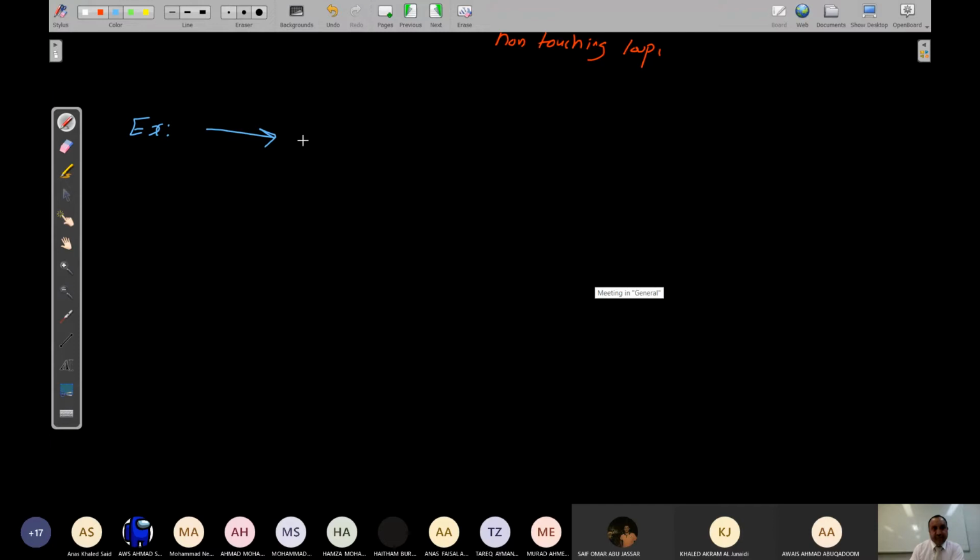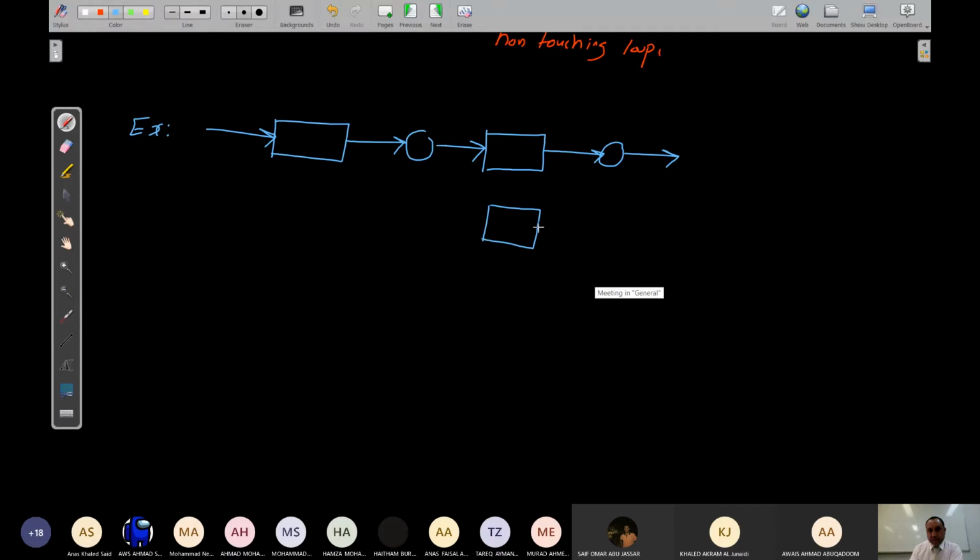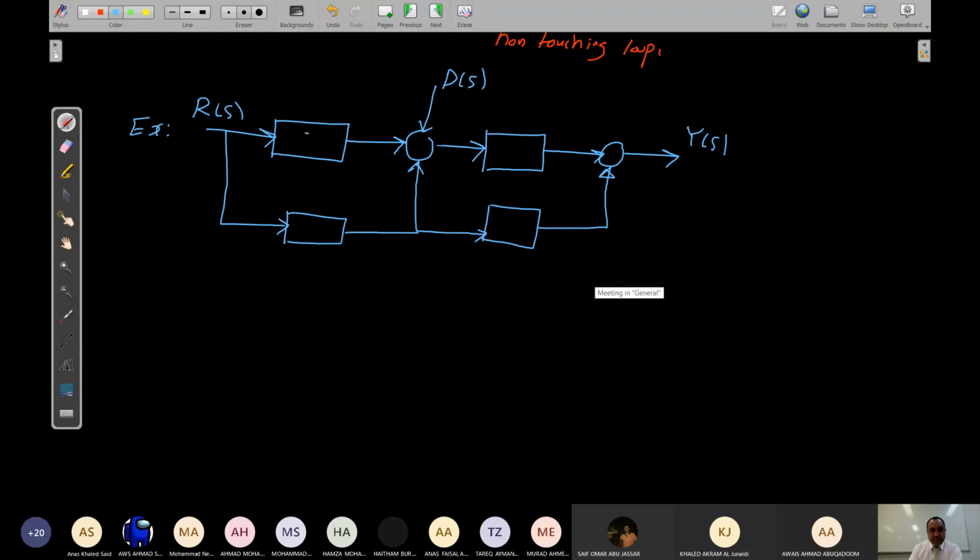Assume I have the following block diagram. This is R of S. Let's assume this is the Y of S. And let's assume here I have D of S. And this is G1.